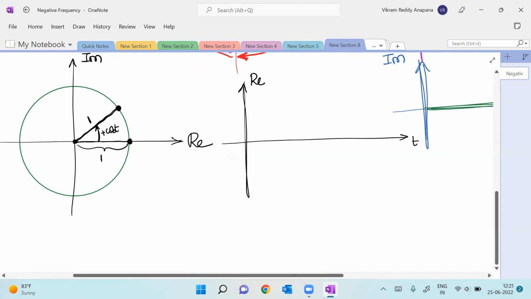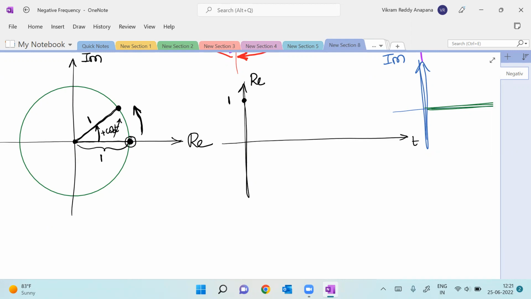Now what is this real stuff? This real stuff is 1. That means I want to start from here, from this point. As it is 1, the real component is 1. Now you want to move for e power positive j omega naught t, in the anti-clockwise direction. Because you are changing the value of t, the point moves along the surface of the circle.